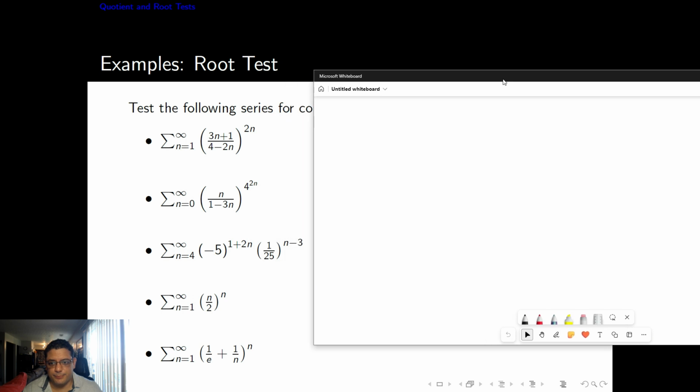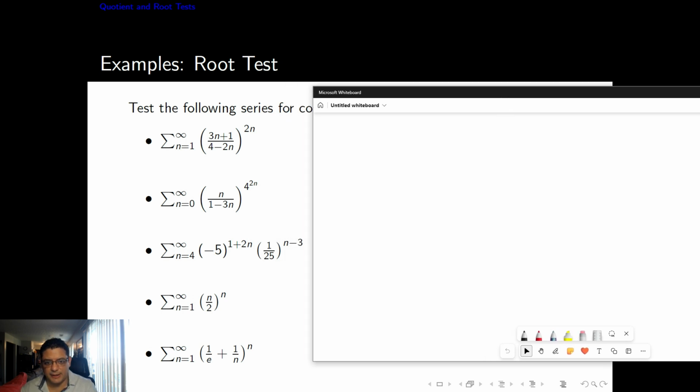For the first one, we have the series from n equals 1 to infinity of (3n plus 1 over 4 minus 2n) to the power 2n. Immediately we know that this is a good candidate for the root test because it has a power to the n.